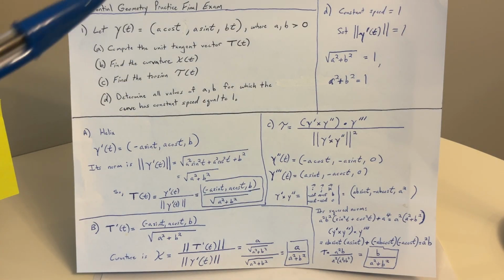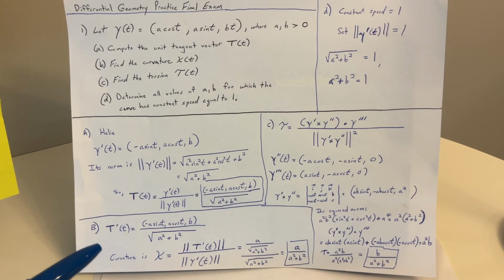Letter B, we want to find the curvature. We already have the tangent vector, so we want to find the derivative of the tangent vector. T prime of t is negative a sine t, a cosine t, 0 over the square root of a squared plus b squared.